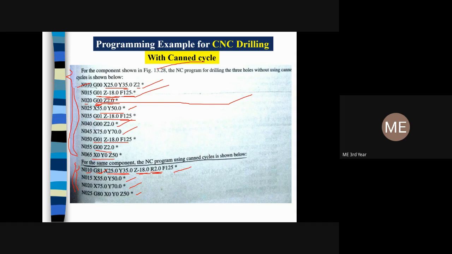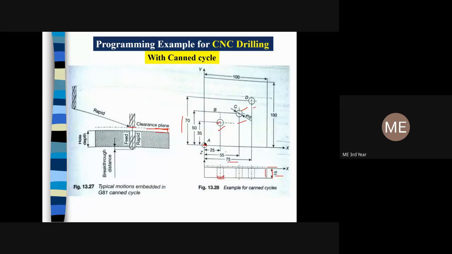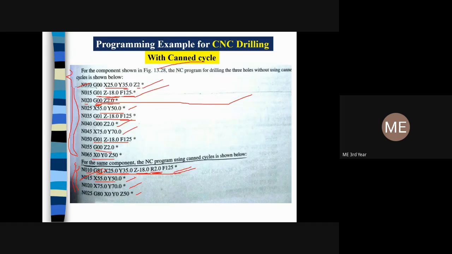Then F125 is the feed rate. Initially you will mention that. Then in the next line you will mention just the second coordinate point X55 Y50, that is my C point, and the third coordinate point 75 and 70 in the third line. After every drilling operation it will go to its actual place, that is R2. So this is the case.